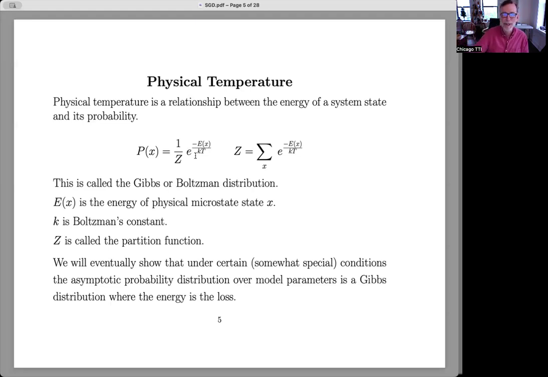And that distribution under special conditions is a kind of Gibbs distribution, and the learning rate is acting like temperature. And as you make it colder, it's going to reach lower energy, and we're associating energy with loss.